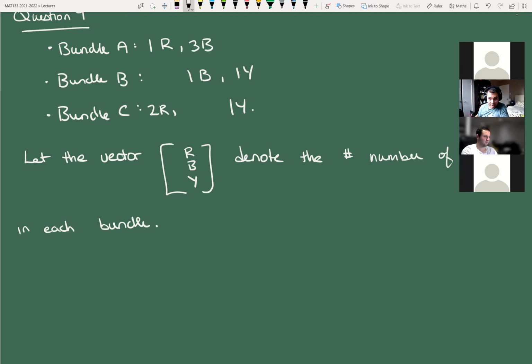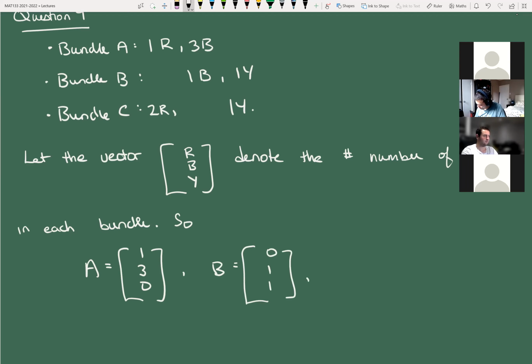Okay, so bundle A will look like 1, 3, 0, right? Bundle B, and again, if you see the pattern here, don't even wait for me, just keep going, right? Bundle B is 0, 1, 1, and C is 2, 0, 1, like that, okay?